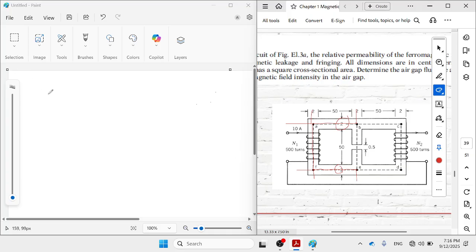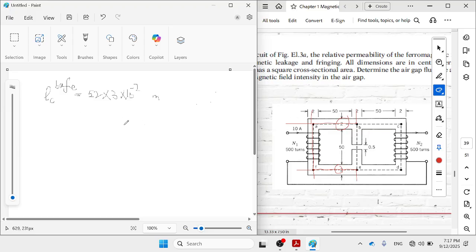So we can mention the length L of the core on the side of BAFE, which is equal to 52 times 3, correct? Times 10 to the minus 2, to convert centimeter to meter.